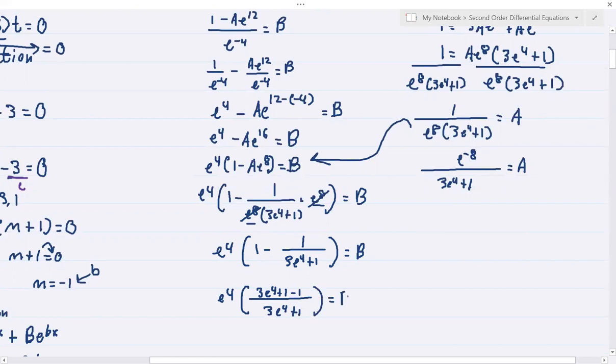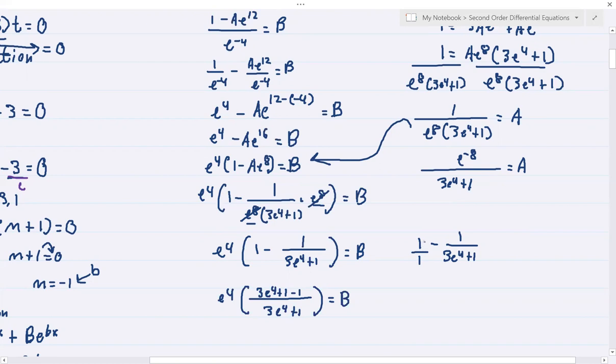b. So if you're asking me, how did I come up with this one from this? I apply butterfly technique. So we have 1 minus 1 all over 3e raised to 4 plus 1. Since your 1 here is a whole term, we can have a denominator of 1.